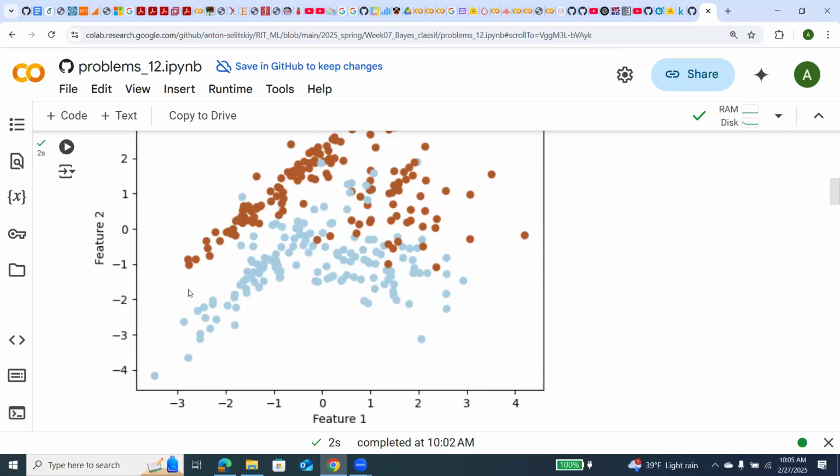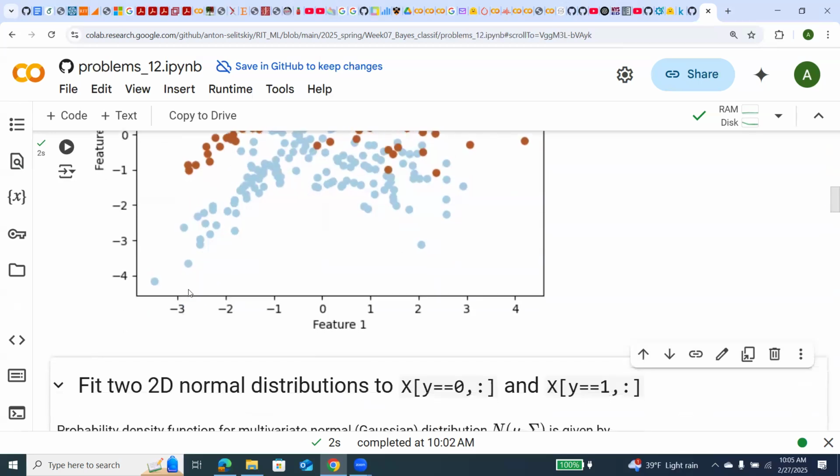So we assume that our points have different means. And I think it makes sense to you, the average of blue points is different from the average of the brown points. Let's calculate first the distribution of x given y.